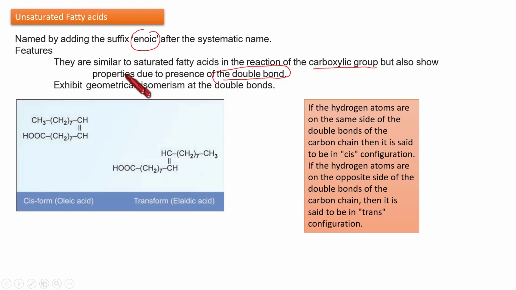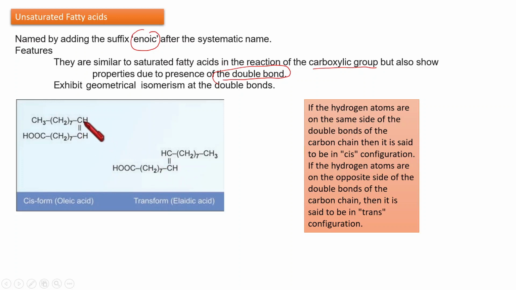Also, unsaturated fatty acids can show geometrical isomerism because double bonds are there and rotation is restricted only at that double bond, and all the single bonds near it can undergo spatial rearrangement to give cis and trans forms. So we can see this is a cis form and this is the trans form. How can we understand that? Look at the structure.